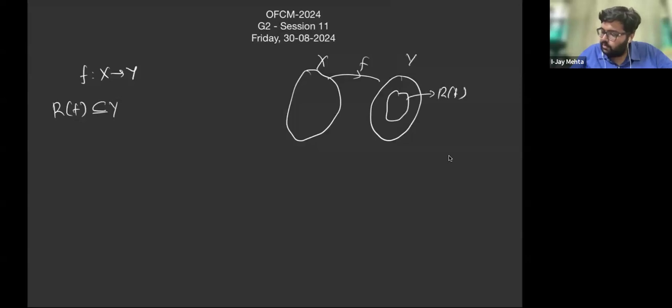What is range of f? We take the values x and we see where f of x is going. So it is a subset of y. If it is a subset of y, how do I write this?